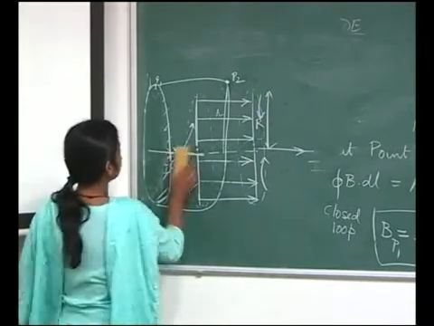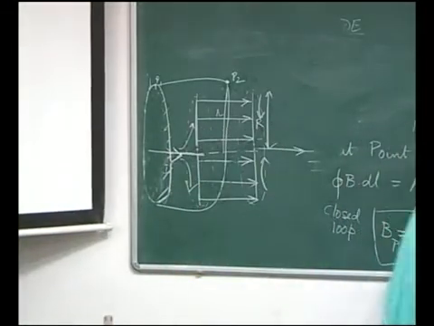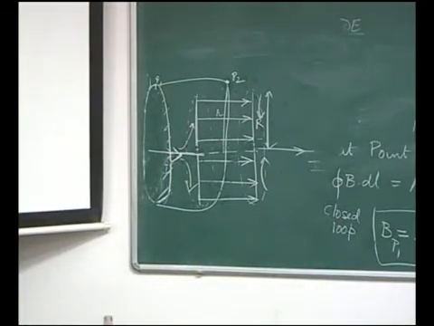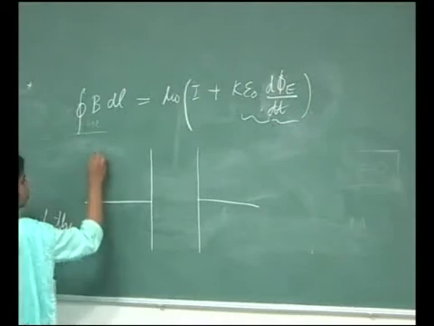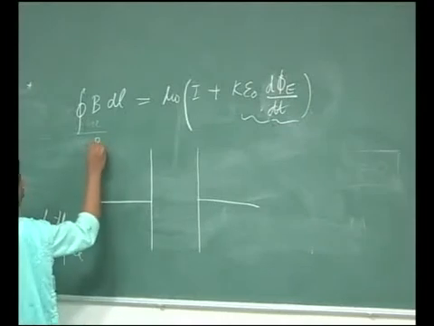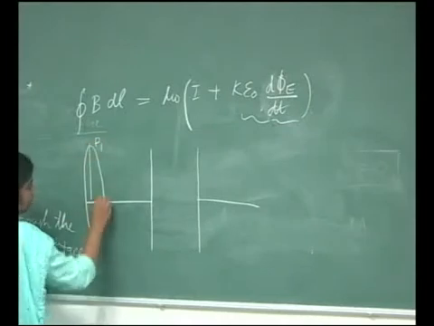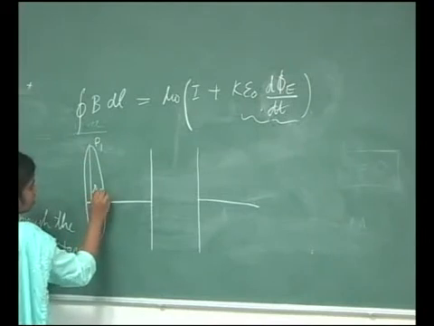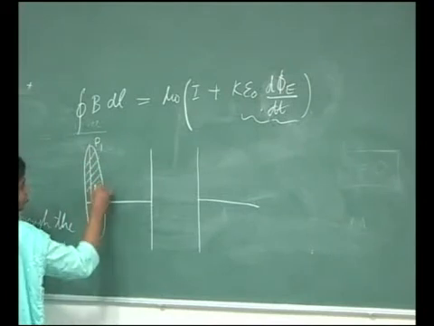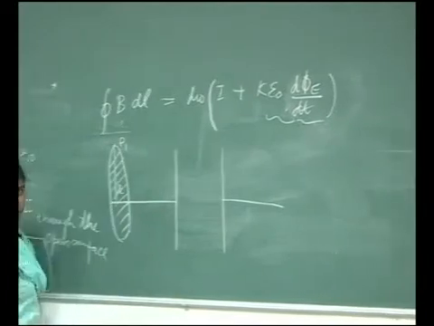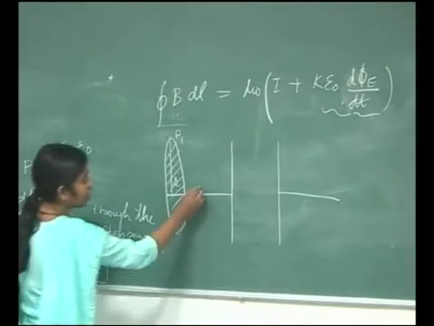I will redraw the surface here. So, I have point P1 at distance R, and I draw a closed loop which has a radius R, and I assume that this is my open surface. Okay. And this is the current passing through this.